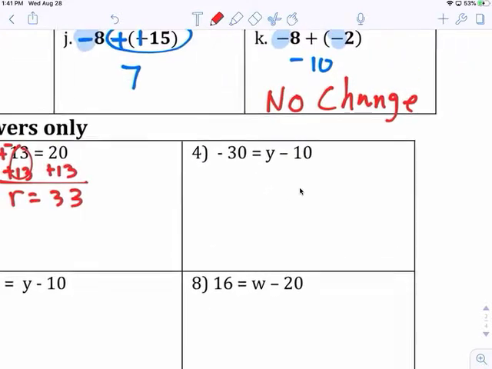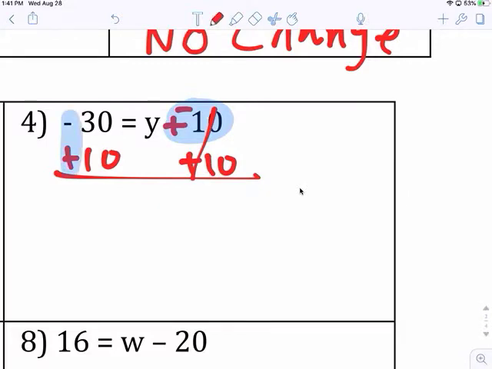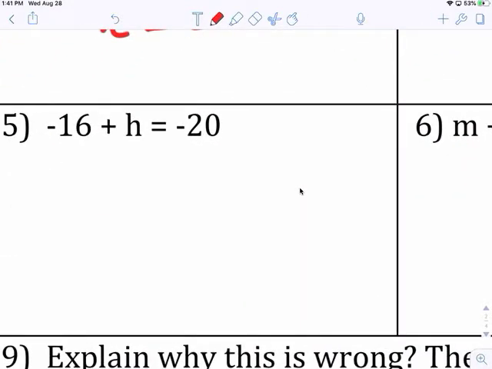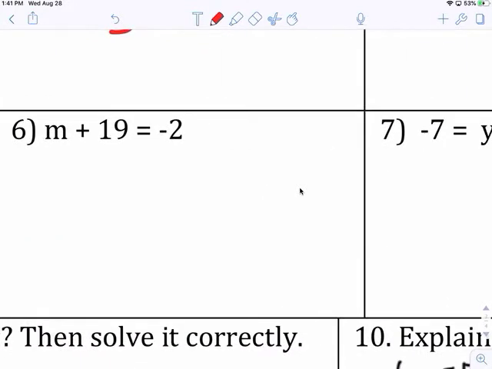Okay, I'll just plus the negative, make that equal to 0, 10. Subtract because the signs are different, they're opposite of each other. Oh, this is an add problem, no change, leave it alone. Make 0 to -16 by adding 16. No additive inverse because it's already a plus.